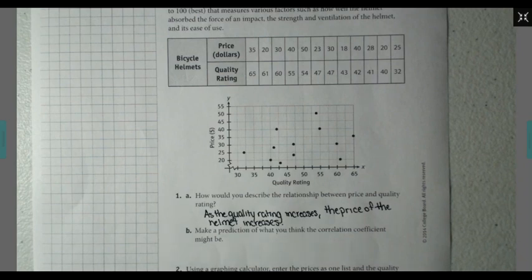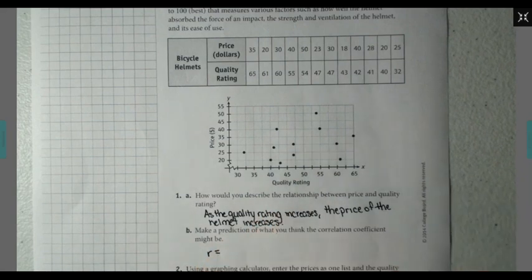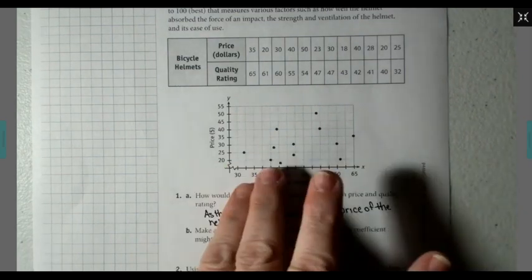It says make a prediction of what you think the correlation coefficient might be. Remember, your correlation coefficient is the R value. We talked about that R value quite some time in our lesson 38-1. And we talked about whether it should be a positive or a negative. Recall that the closer it is to +1 and the closer it is to -1 means it's almost a perfect straight line. This is clearly not perfect.